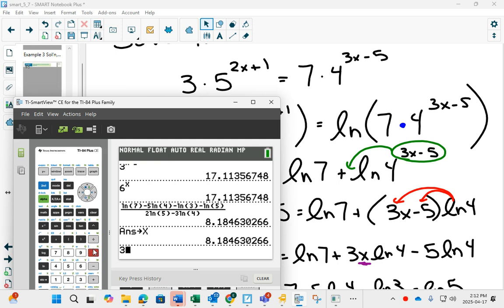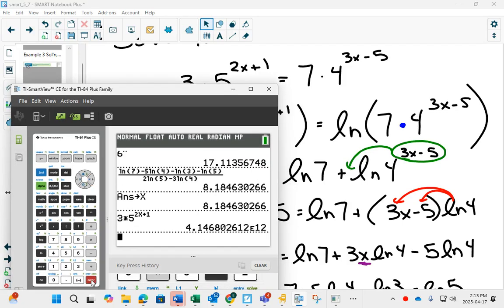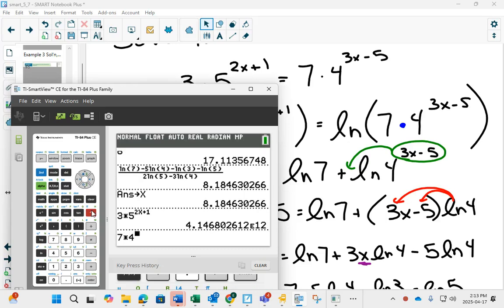So we got 3 times 5 to the exponent 2x plus 1. And that's the first one. Now the moment of truth. 7 times 4 to the exponent 3x minus 5.